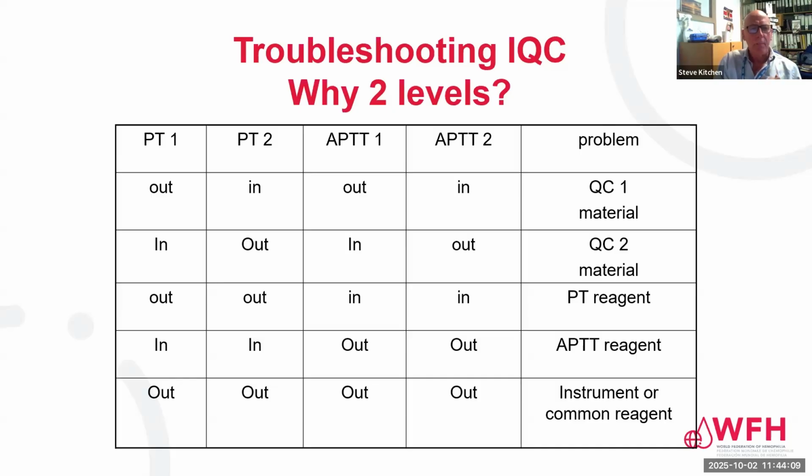If PT and APTT are out of range on QC1, it's QC1 material. If they're both out of range on QC2, it's out of range QC material. Both PTs out, look to the PT reagent, and so on. So you can draw some conclusions about where to begin investigations. And this is, I think, much easier with two different levels. So that's the reason for a recommendation to do two levels. Next slide, please.